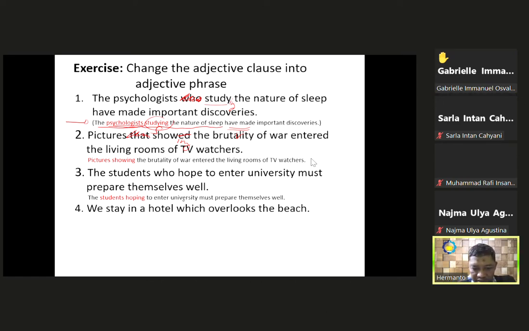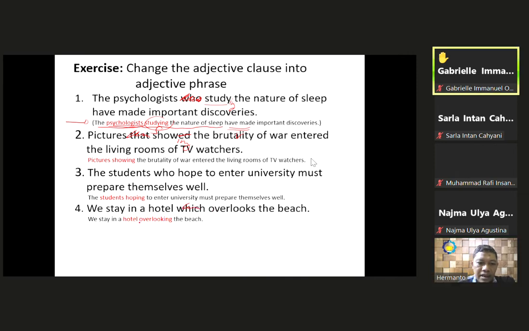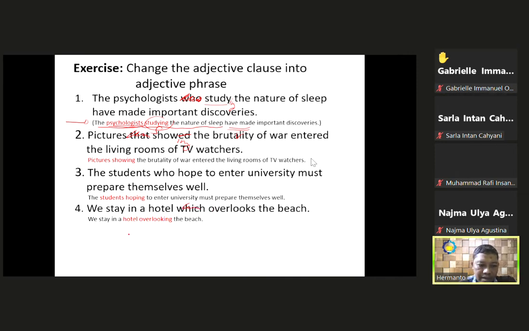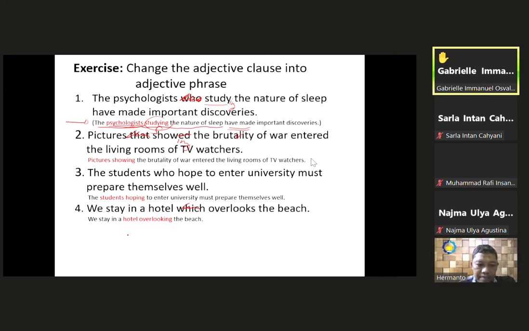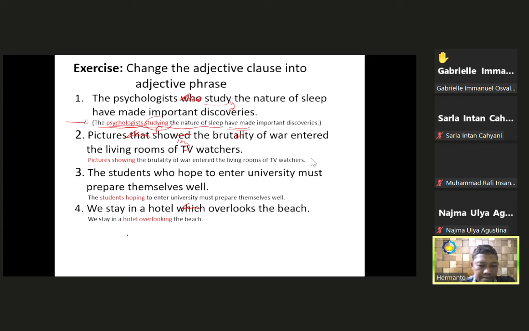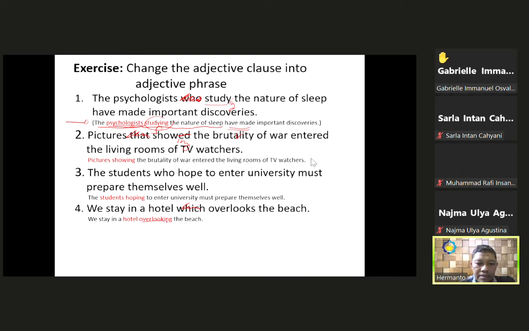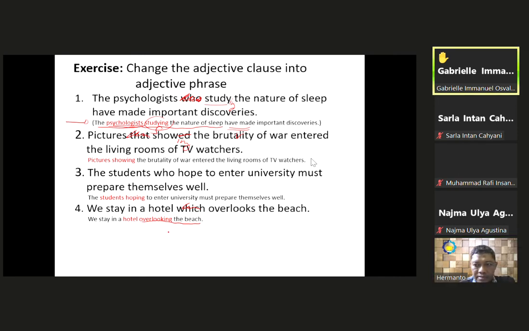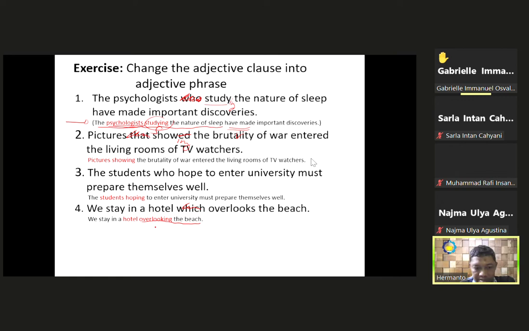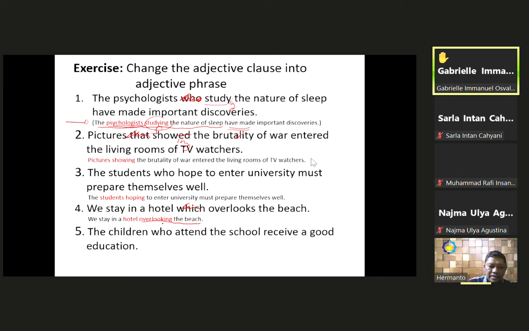Overlooking the beach. What is the subject, Gabriel? The subject is we. Predicate? Stay. What is the adjective phrase? Overlooking the beach. And what is the function? To give information about the hotel. Yes. Thank you very much, Gabriel.